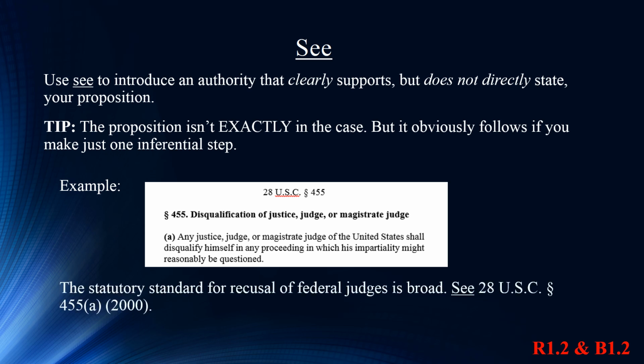If you wrote a sentence describing the statute's standard for disqualification as broad, we would need to use the See signal, because the statute itself doesn't say that it is a broad standard. But by taking just one inferential step, we can see that the standard is indeed a broad one because it applies any time a federal judge's impartiality might be questioned.